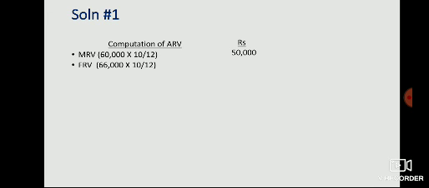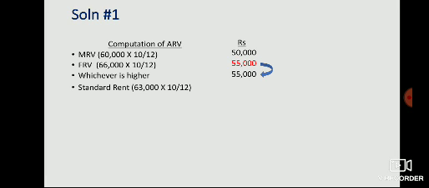Similarly, for your FRV, we take 66,000 into 10 divided by 12. We will get your final FRV, that is 55,000. Whichever is higher is taken. So 55,000 is taken. Standard rent also is multiplied by 10 divided by 12, which will give you 52,500. Here, whichever is lower is your ERV. Here, 52,500 is lower, so that will be your ERV.